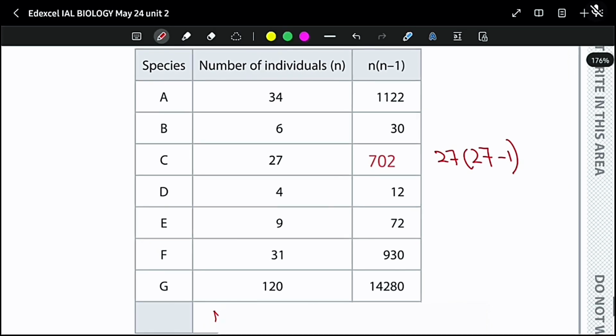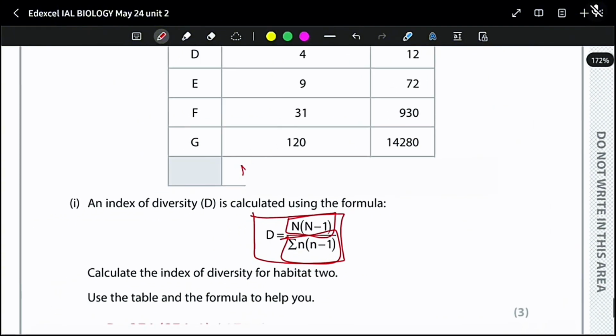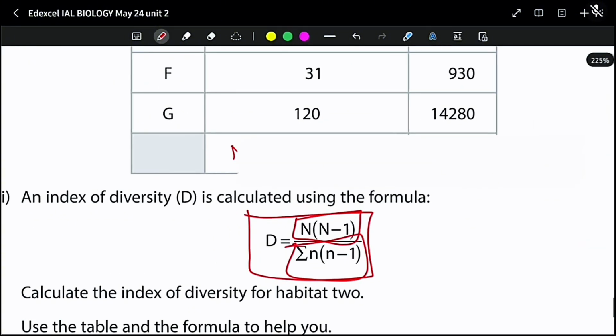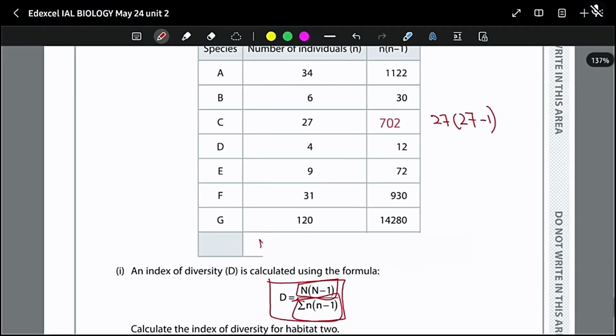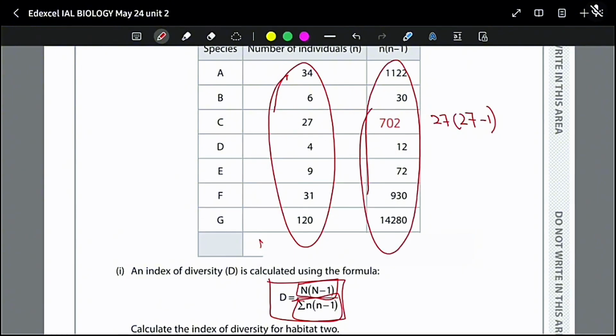Okay, we are done with finding all the values. Now it's time to calculate capital N, N minus 1 and small n, n minus 1. We get capital N from here, and for small n, n minus 1, we have to add all of these.